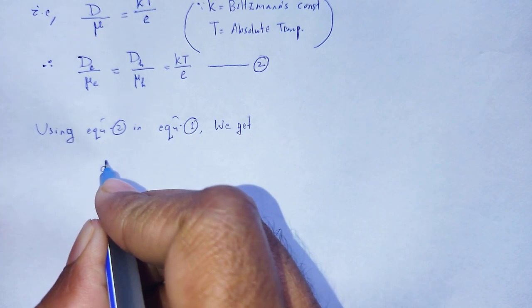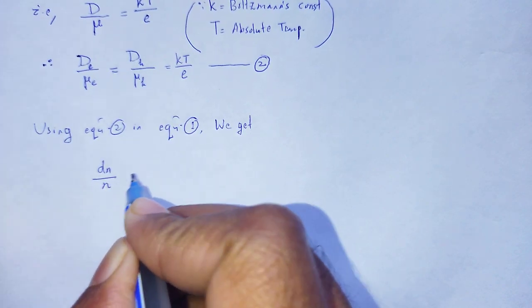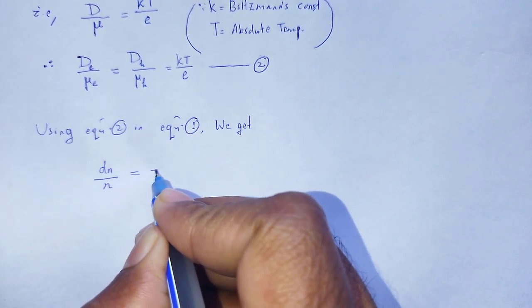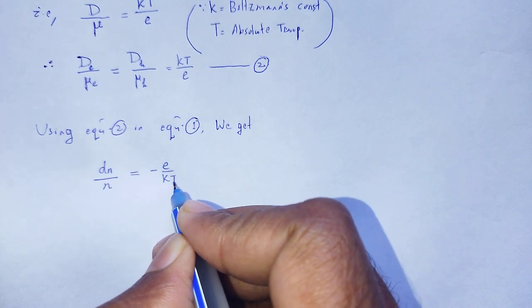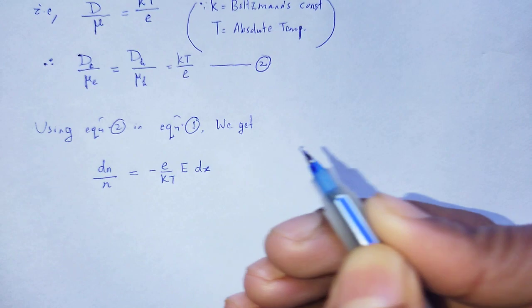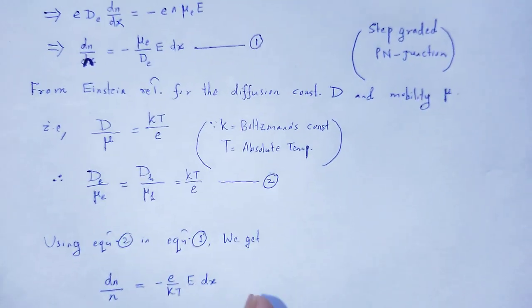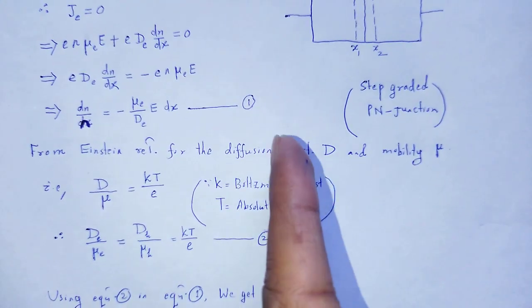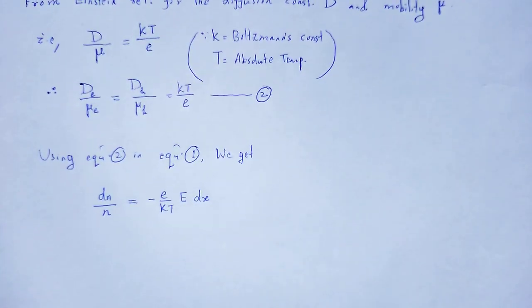So dn by n is equal to minus e by kT times E dx, as I put that value in equation number 1.